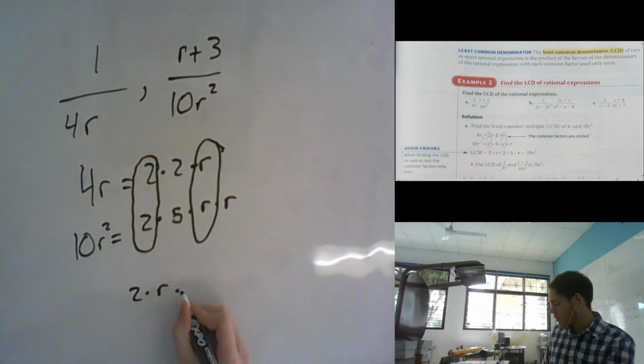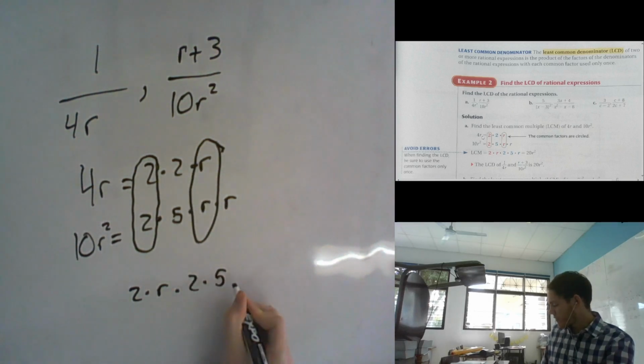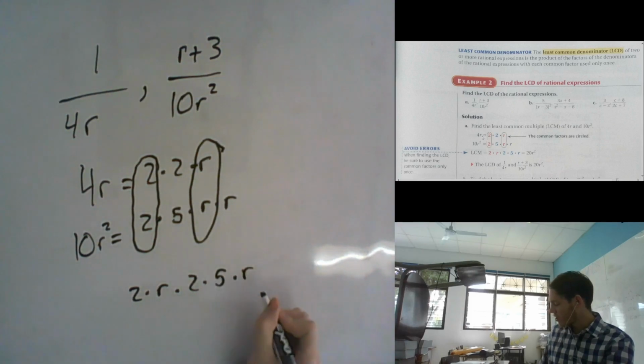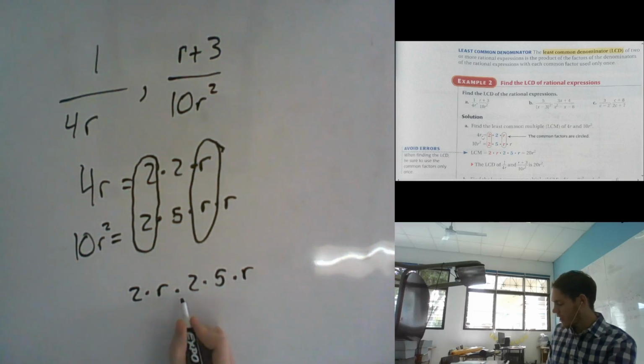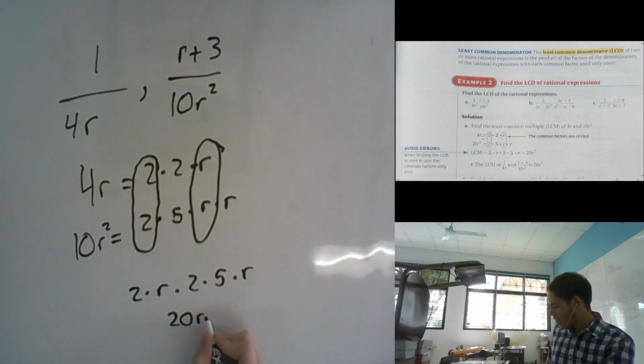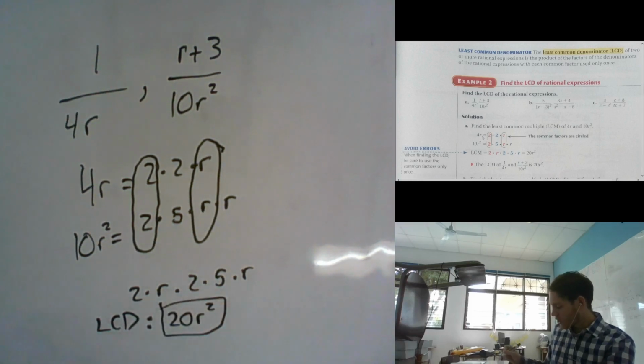So this 2, times 5, times this extra r. So 2 times 2 is 4 times 5 is 20. R times r is r squared. So the least common denominator is going to be 20r squared. Okay?